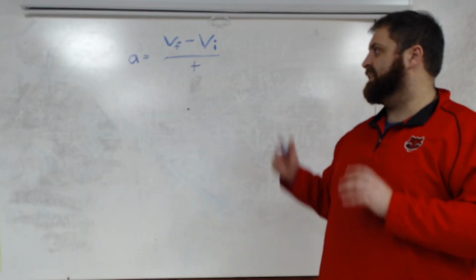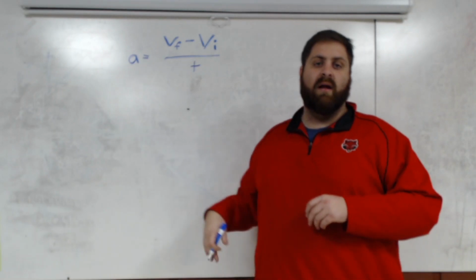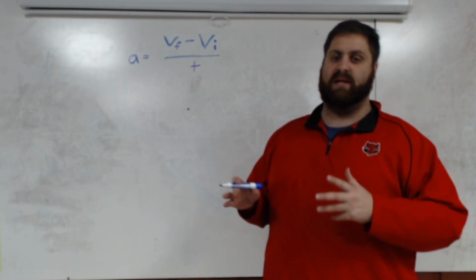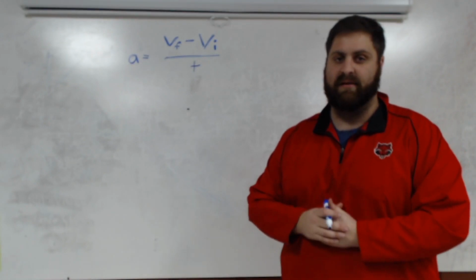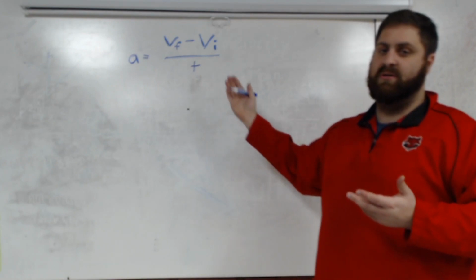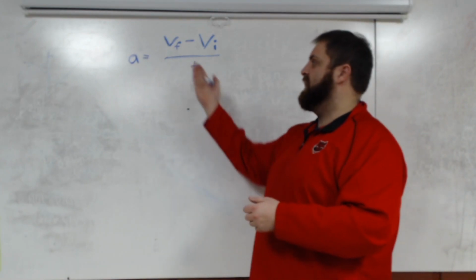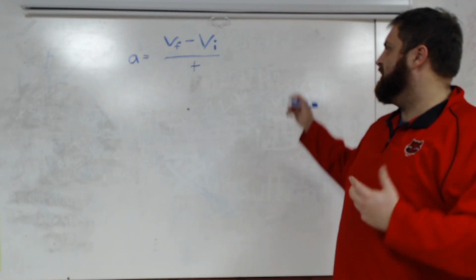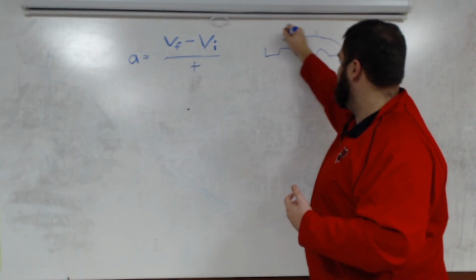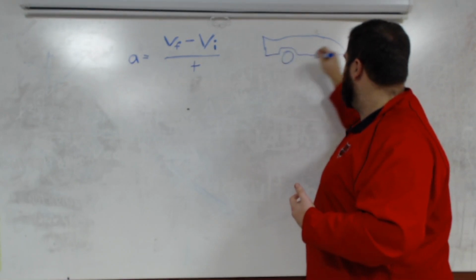All right, let's try an example of acceleration. When we do this, we're also going to look at the units, because the units become a little tricky when you start dealing with acceleration. So acceleration is velocity final minus velocity initial, or delta V, divided by time. Let's say we have a race car. Very good race car drawing here.